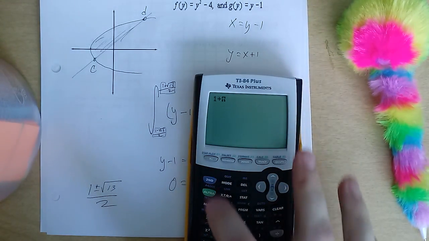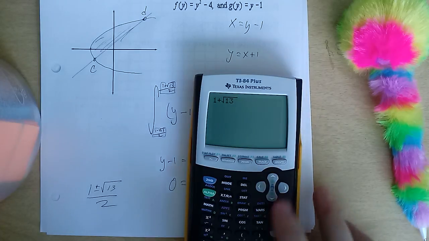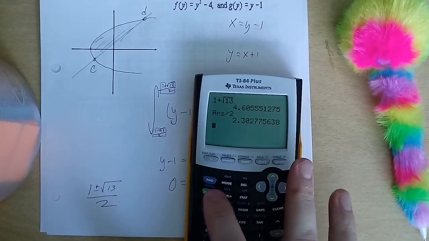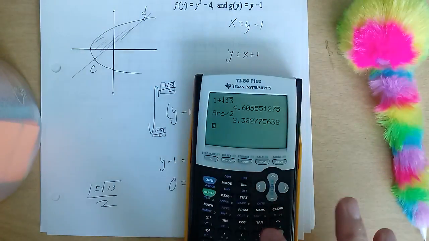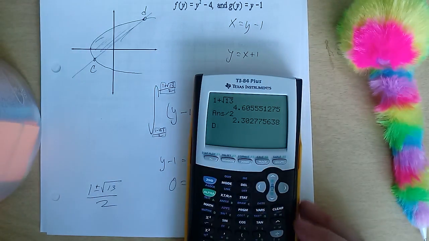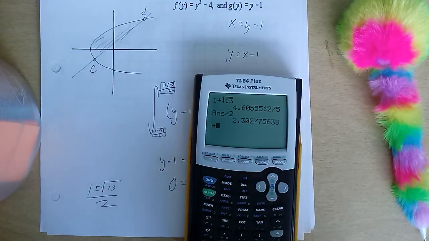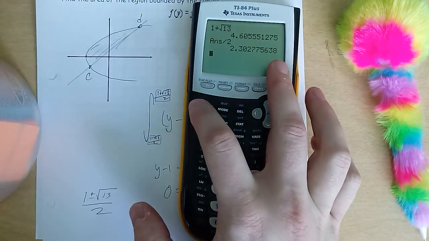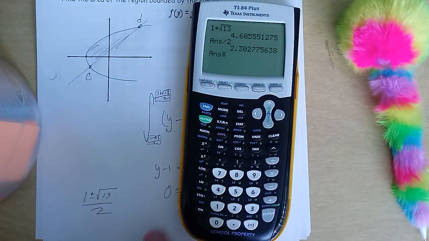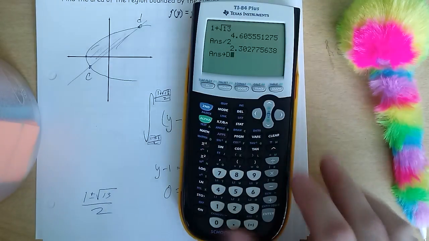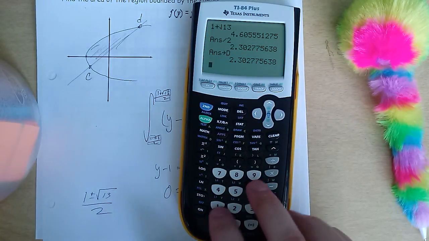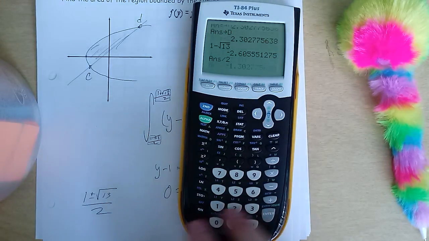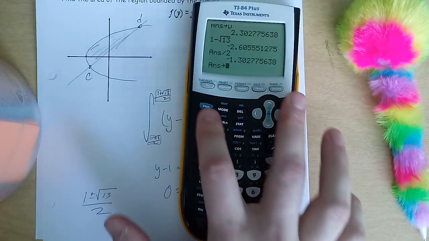We're saying 1 plus square root of 13, divided by 2, and since that's the top, I'll store that as D. I'll do second answer, store as D. And then I'll do 1 minus square root of 13 divided by 2, and I'll store that as C.